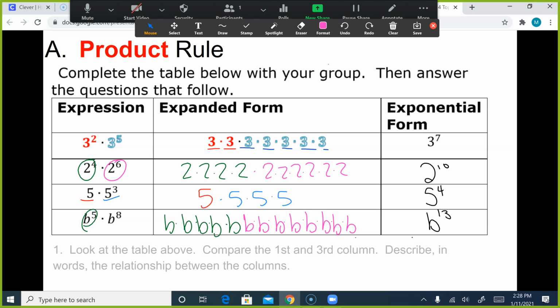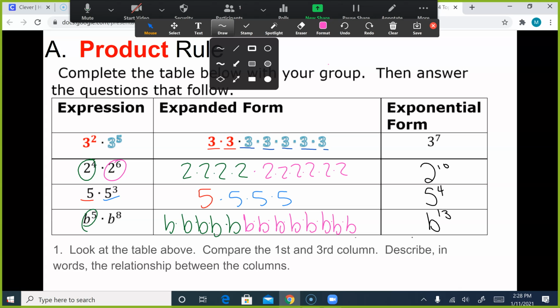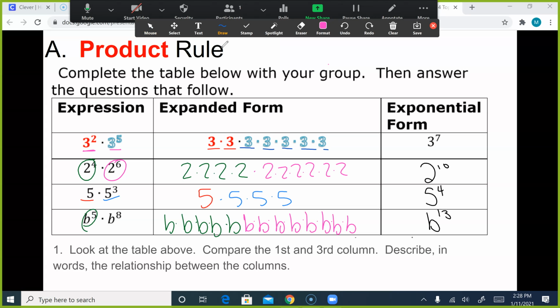Okay, so then what we got to ask ourselves is looking at the original expression and then going over there to our exponential form, what do you notice when we combine them? So right here, 3 squared and 3 to the 5th make 3 to the 7th. 2 to the 4th and 2 to the 6th makes 2 to the 10th. 5 to the 1st and 5 cubed makes 5 to the 4th.